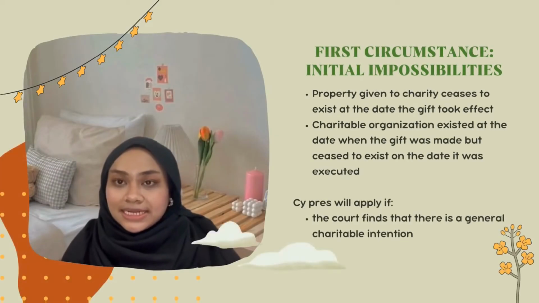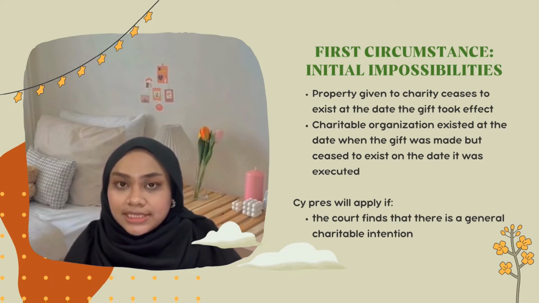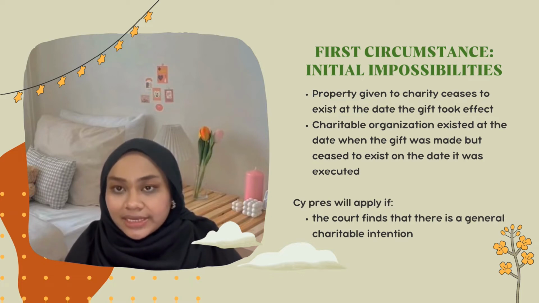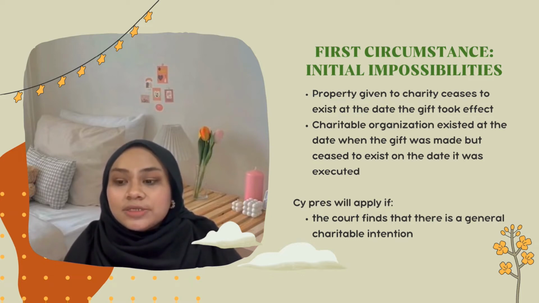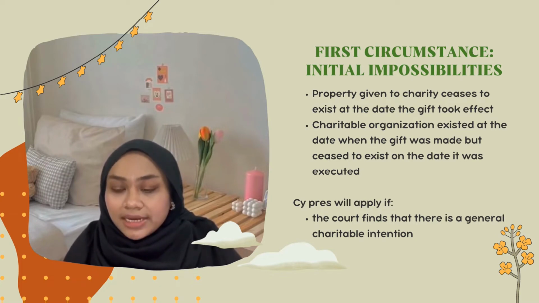There are two circumstances under the impossibility or impracticability to perform, one of which is the initial impossibilities. The initial impossibilities are said to occur when, first, the property given to charity ceased to exist on the date the gift took effect, and second, the charitable organization existed on the date when the gift was made, however ceased to exist on the date it was executed.